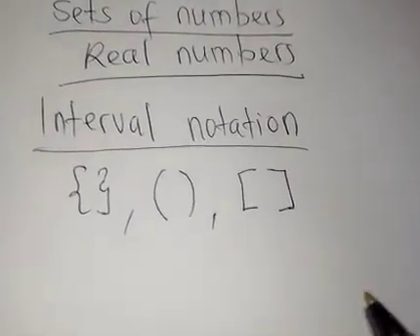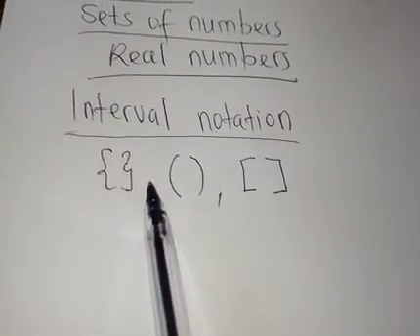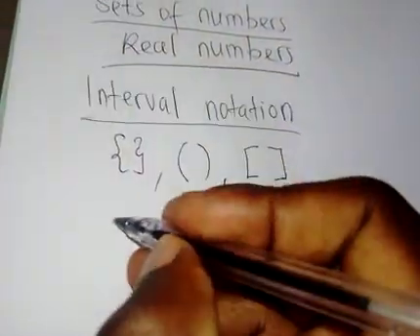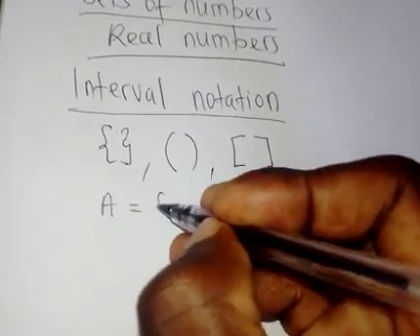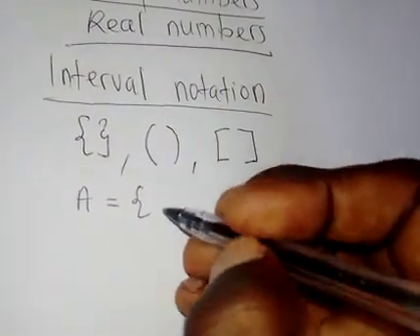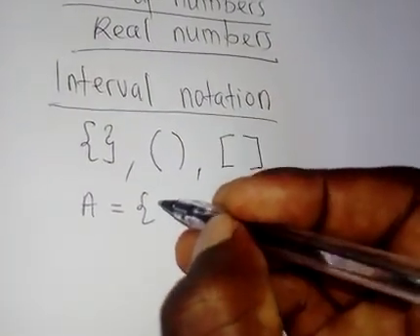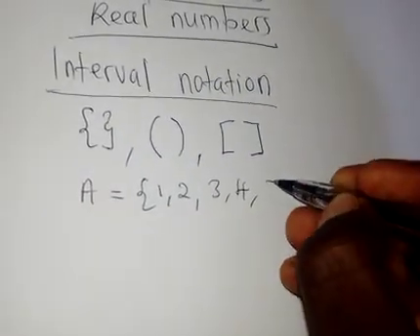Okay, so I'm sure we already know how to use the curly brackets when representing sets. Let's say we have set A consisting of the natural numbers. Let's say the first 5 natural numbers. So 1, 2, 3, 4, 5, like that.